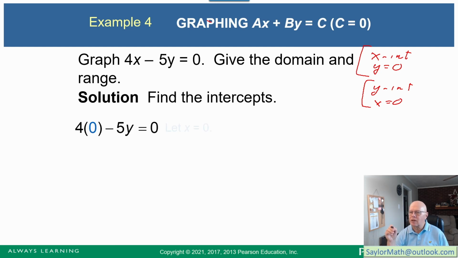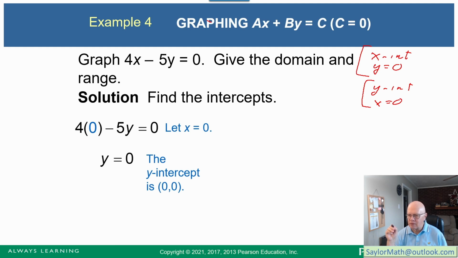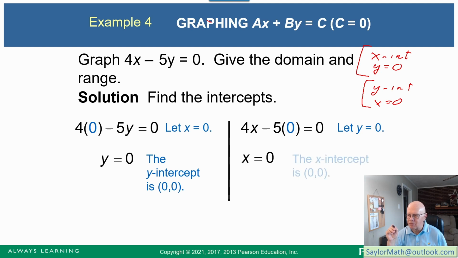So get those intercepts. Let the x be 0, y is 0. So what happens when we let y equals 0 to get the x-intercept? We've got the same point.